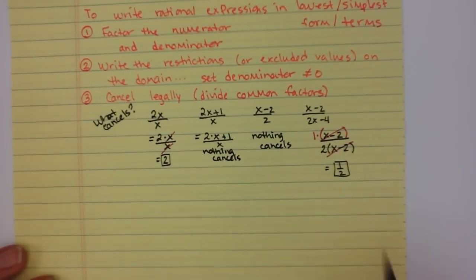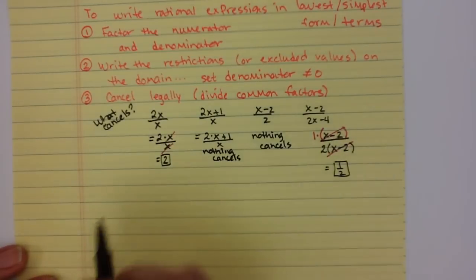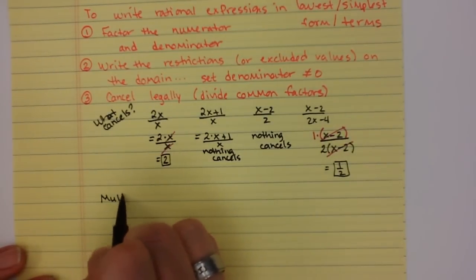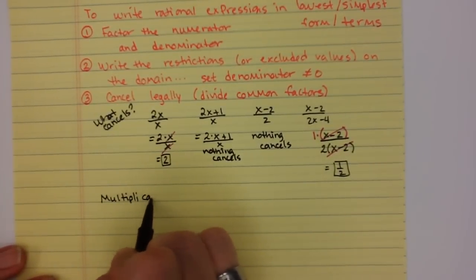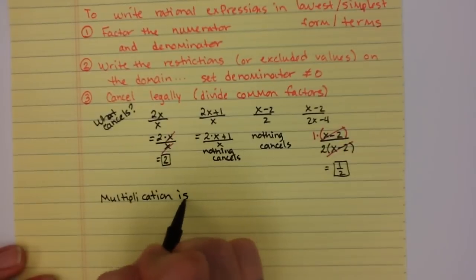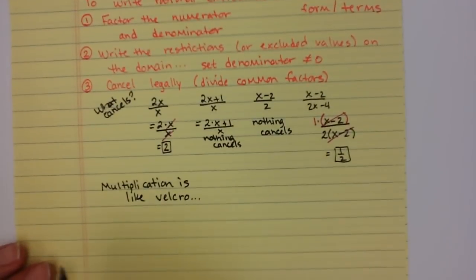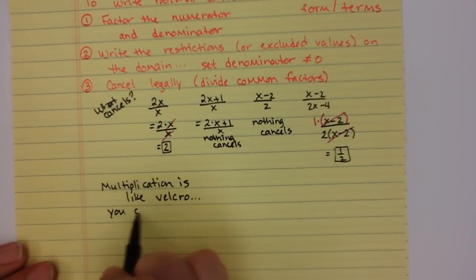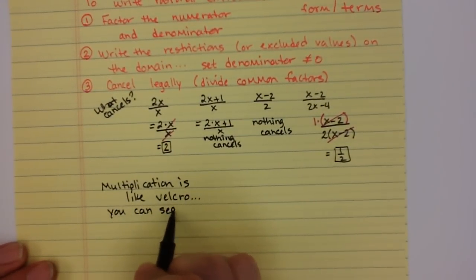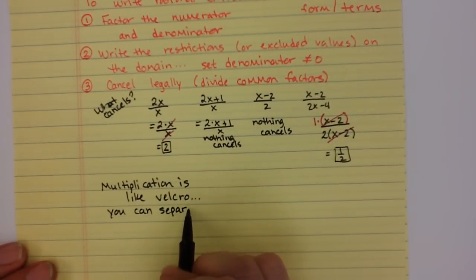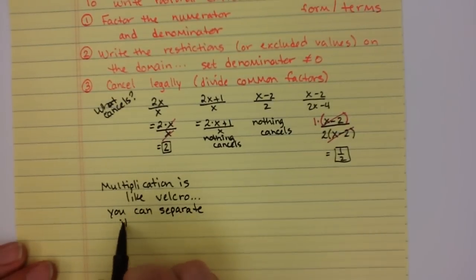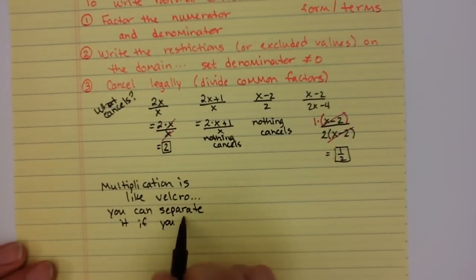So think of it like this. Multiplication is like Velcro. We can separate it if you have the fuzzy side and the pokey side, so you can separate it if you have a matching pair.